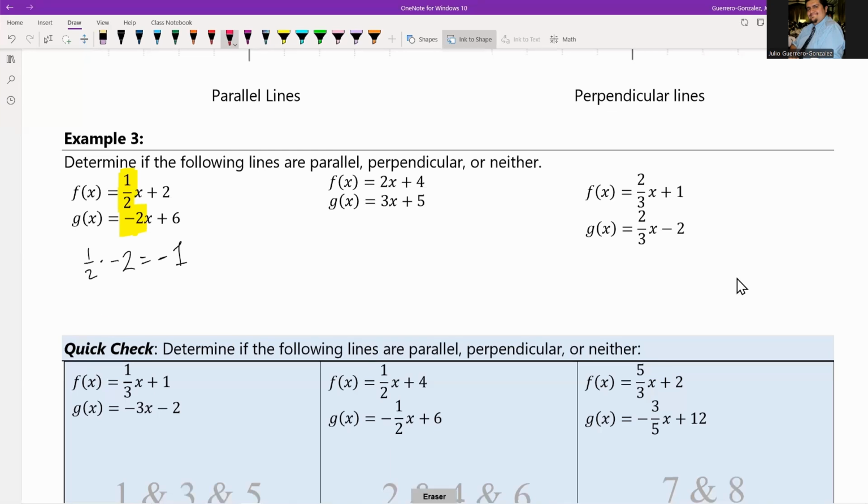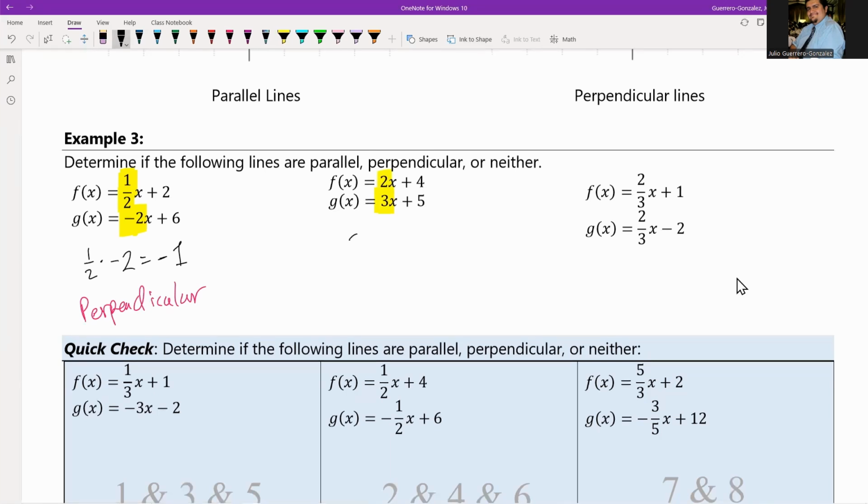Let me turn off the ink to shape. There we go. So if you grab both of these linear functions and put them into Desmos, you'll see that they meet exactly at right angles. Okay? Next one. The two slopes are not equal, so they're not parallel.